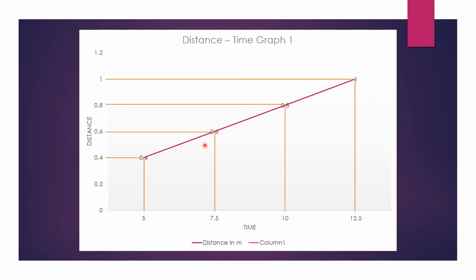So whatever the point that you choose to calculate the speed, which equals distance over time, if you get the same result, 0.08, this means that the speed is considered a uniform speed.